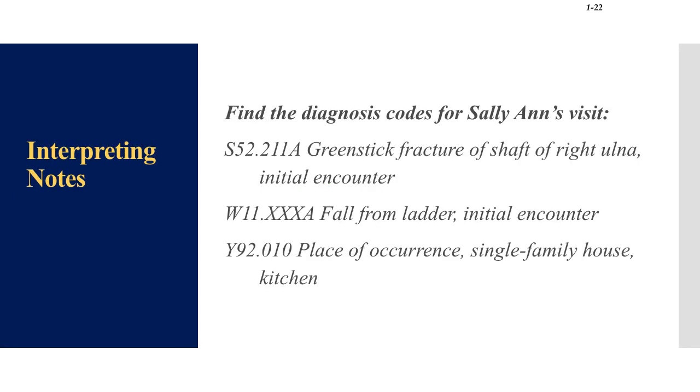Oh, you didn't know a greenstick fracture was closed? It's okay. Look it up in an anatomy book or look it up in a medical dictionary. So, to be precise, we're not going to get into external cause codes here, but whenever there's an injury or a poisoning, we are also required to explain how the patient became injured and where the patient was when she was injured.